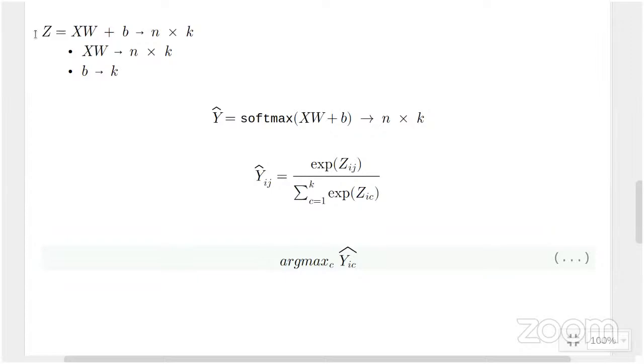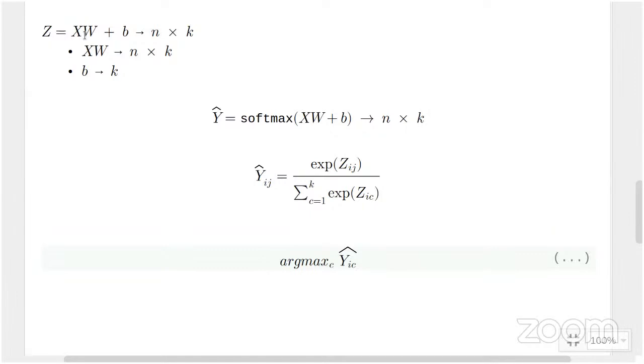The features have already been linearly combined and only that output you have with you. So for the 4 samples and the 3 classes, whatever values you have, that is what Z is: 4 cross 3, so n cross K. When you do XW, your features get consumed in that. X is N cross M, W is M cross K. So that linear combination already takes care of the feature weight manipulation.